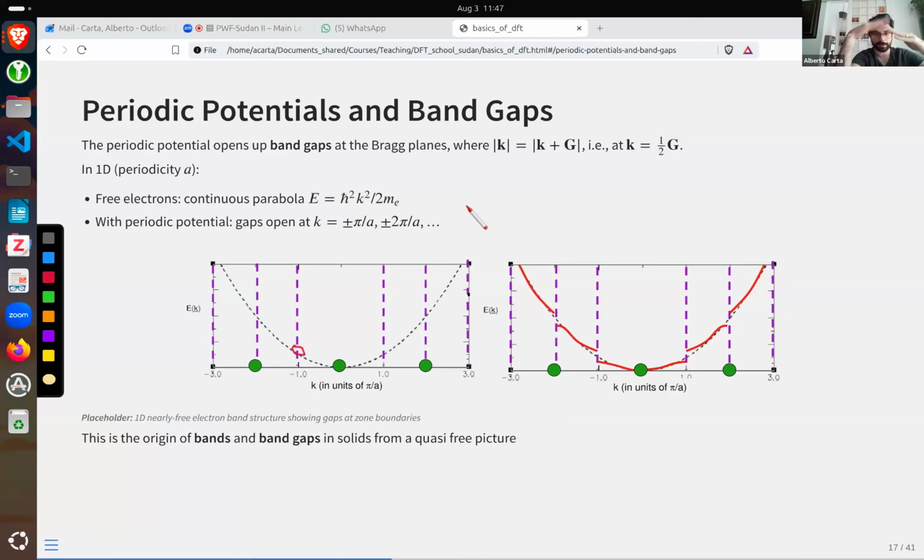And this change in energy manifests as an opening at certain points of the dispersion in k-space. From the parabola you get a parabola with a difference of the states before and after that position in k space.